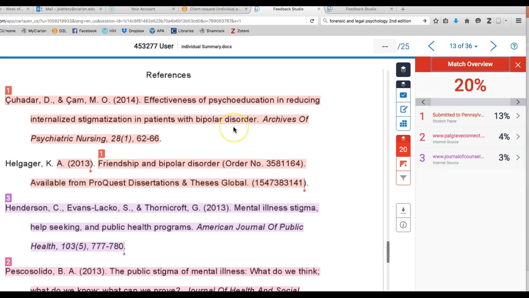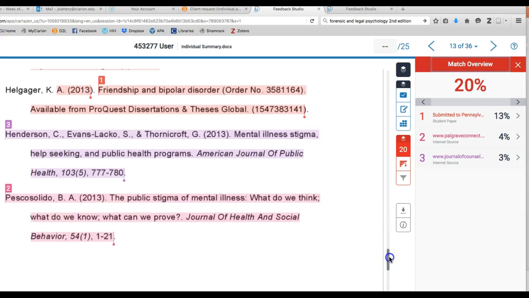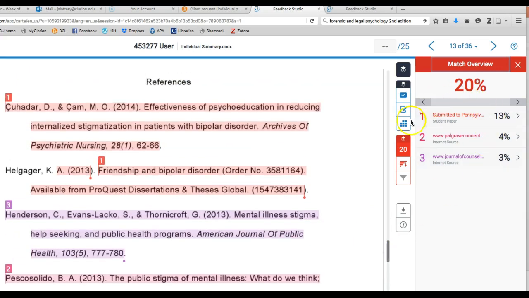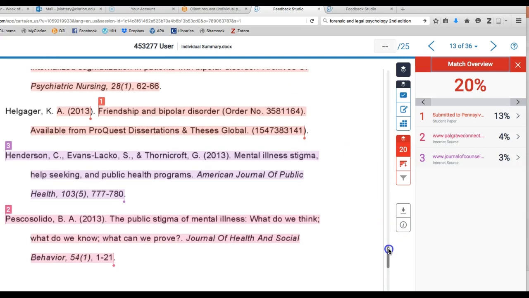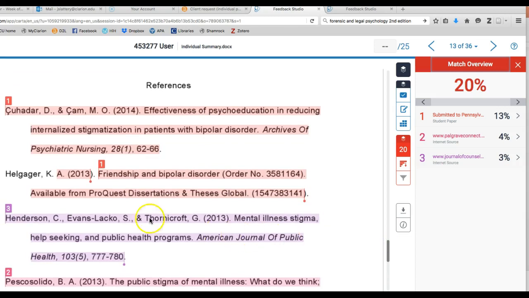In fact, when I'm looking at a reference page, I really expect that most of it will show up here in our similarity score. First off, other members of her group might have used the same references. So that would be one thing that would concern me. Because Hellgiger didn't come up, I might wonder why it didn't come up. Does she have the name wrong? Or perhaps other people did.